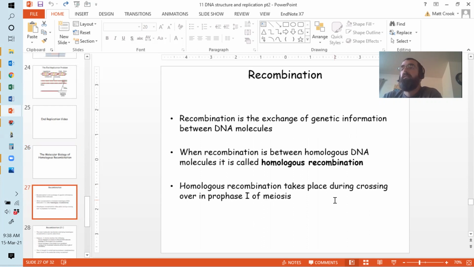And this can only take place when you have essentially 2 copies of each chromosome present. So this can actually take place during mitosis. In terms of DNA repair, it always takes place in prophase 1 of meiosis, right?